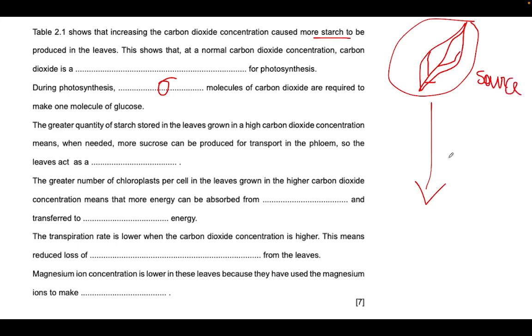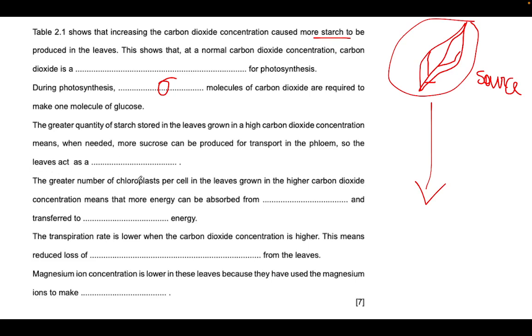Means it is the source. And for example, if sucrose is taken to the roots, they are called the sink. We studied that in the transportation of materials. Means more sucrose can be produced for transport in phloem. So the leaf acts as a source, and where we are sending it, acts as a sink.